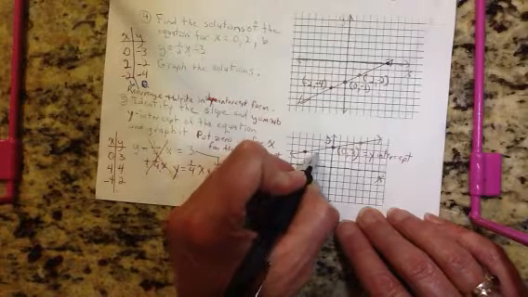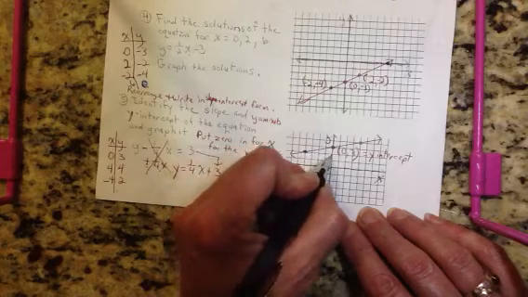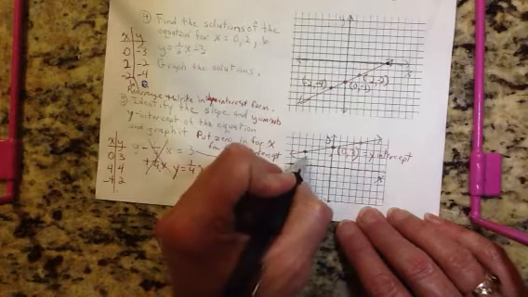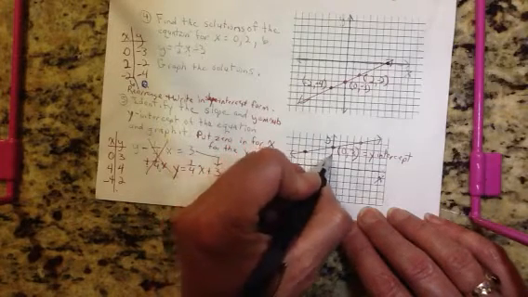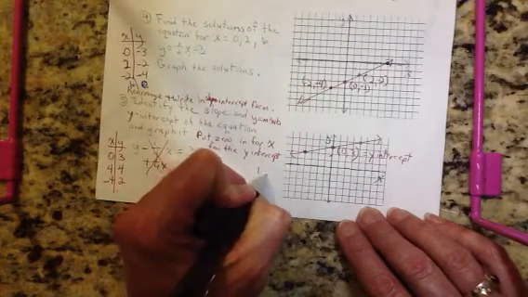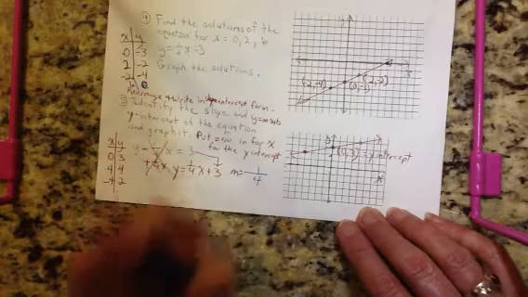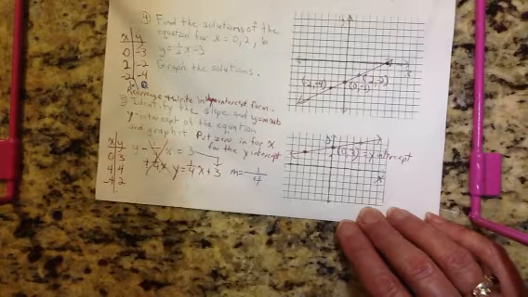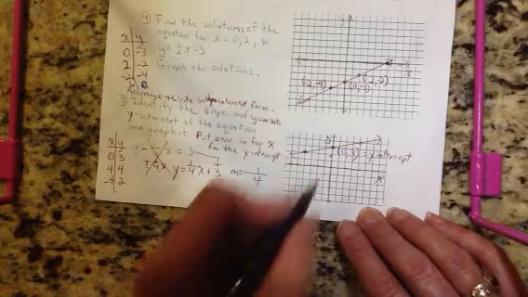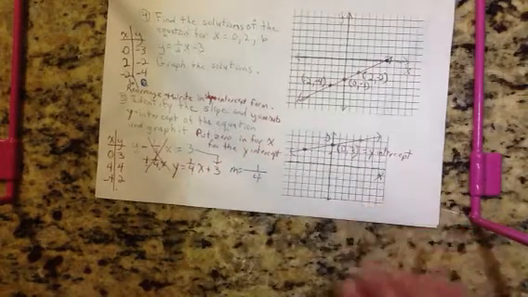If I go over 1, 2, 3, 4 with x, that's 4, that's the run, or you can say rise over run, so 1, 2, 3, 4, and up 1. So 1/4 is my slope, okay? And my y-intercept is here, 0, 3.